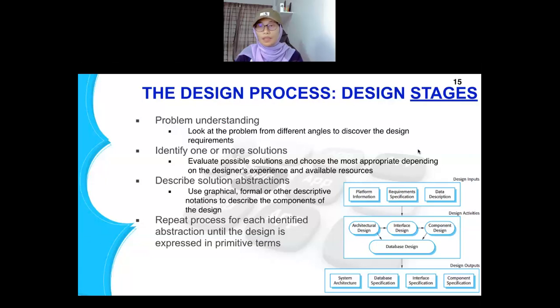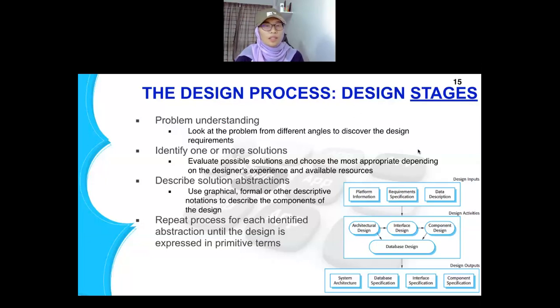But here, they still mention the requirement specification and data description. So in design input, to gather the requirement specification, you need to understand the problem, identify one or more solutions, and describe the solution abstract.